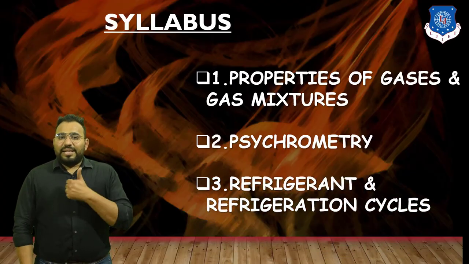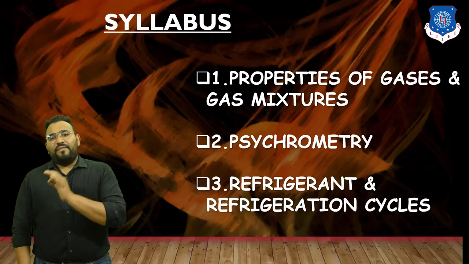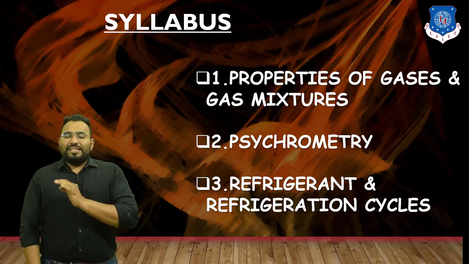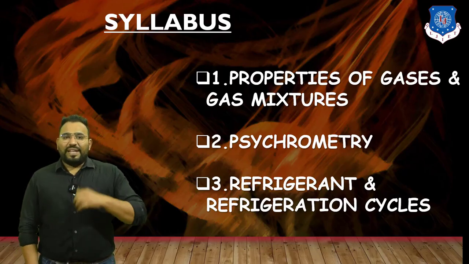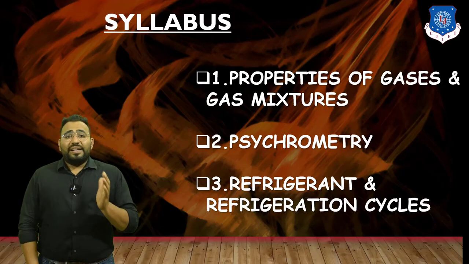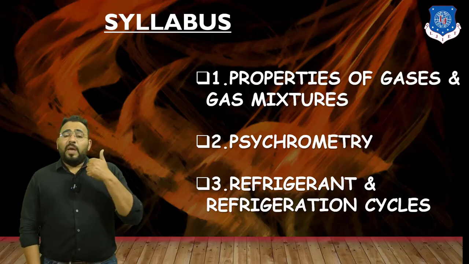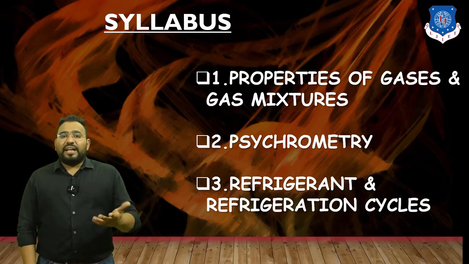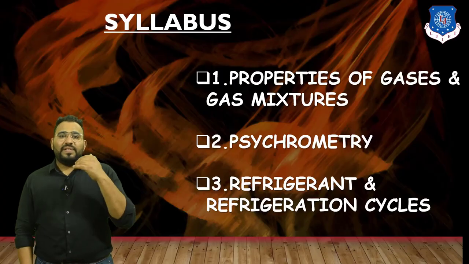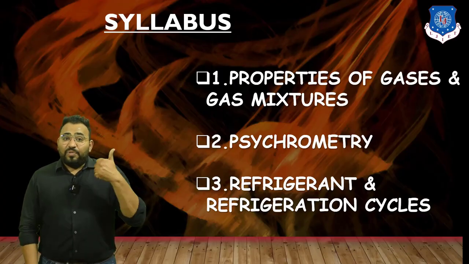Now the third chapter is refrigerants and refrigeration cycles. In this chapter you are going to learn what a refrigerant is, what the different refrigeration cycles are, the basics of the vapor compression cycle, the compound vapor compression cycle, and the vapor absorption cycle.